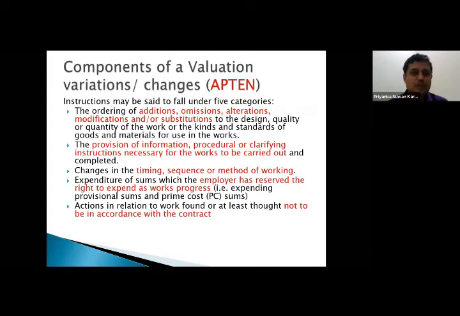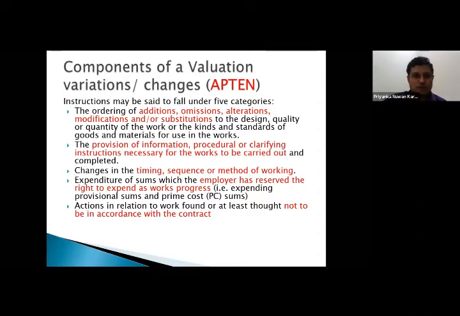Therefore, the first mode of variation or change is this particular family or cluster of elements contained within a typical variation clause. Now, if you see Oman conditions of contract, which is based on FIDIC 1977 version, and the later versions up to FIDIC 2017 version, even though it has undergone different wording changes, a little bit of an evolution, still these additions, omissions are there. So it is one of them.